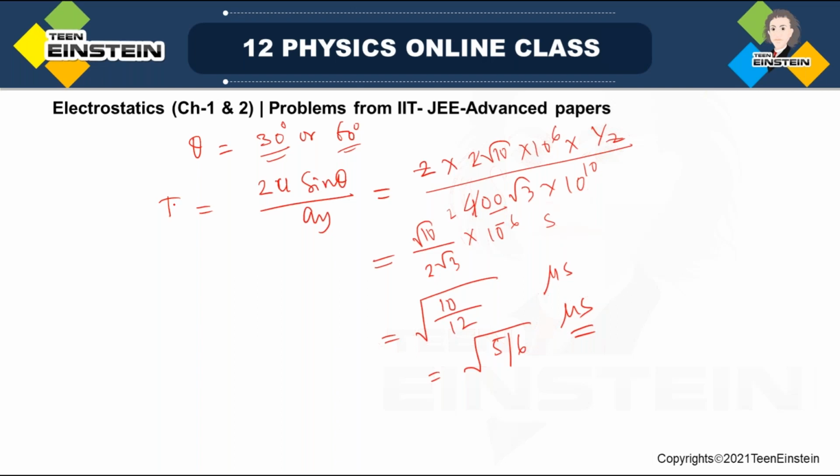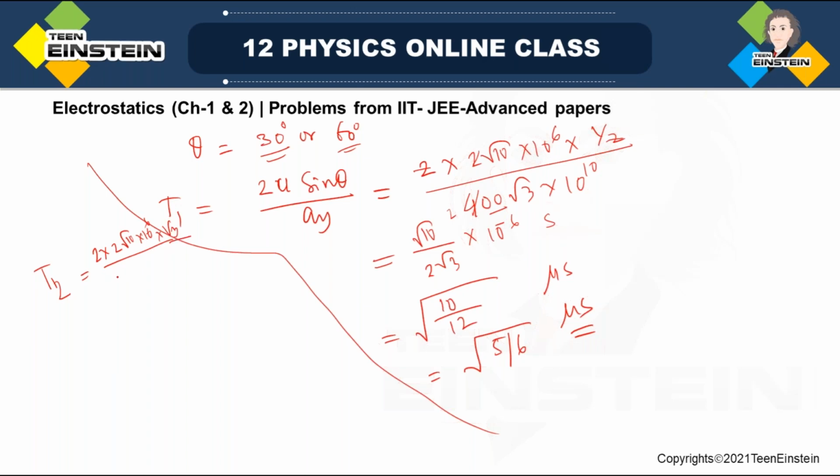Now another time, if I put the value of theta to be 60 degree, then directly I'll write here 2 root 10 into 10 to the power 6. This will be root 3 by 2.